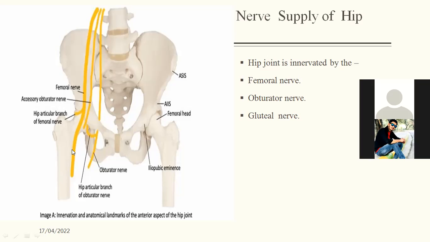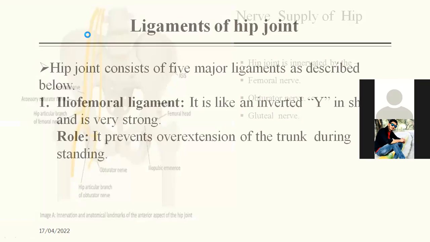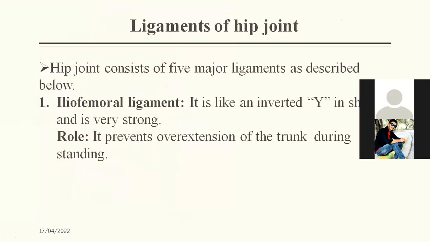That's why it is called femoral. And the gluteal nerve is on the back side to supply the gluteus muscles, maximus, medius, and minimus. Then we are going to see the ligaments of the hip joint. There are so many ligaments supporting the hip joint, so we are taking it in the short way.